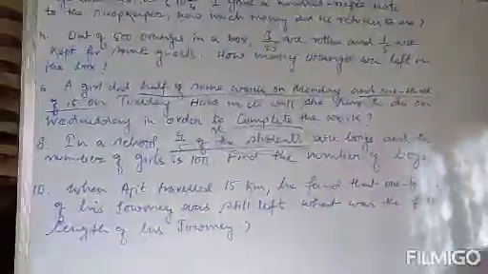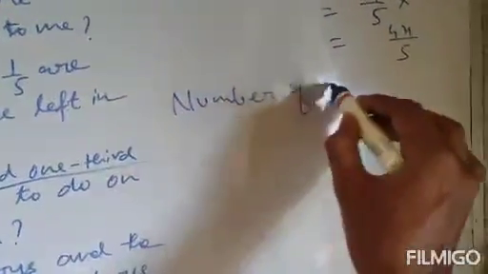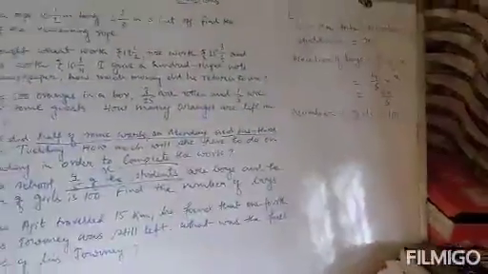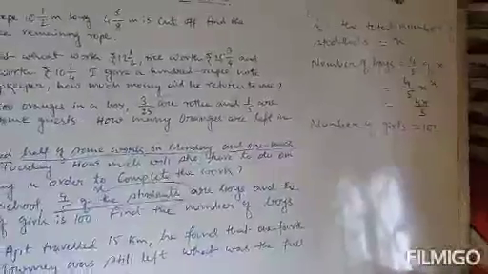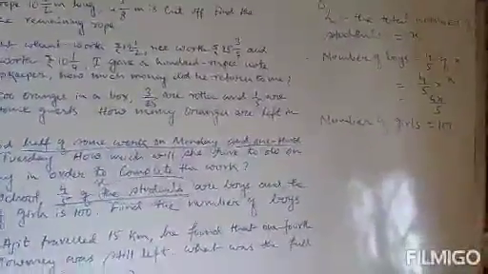And in the next line it says the number of girls is 100. So write number of girls equals 100. Now see, total students means total number of boys plus total number of girls.